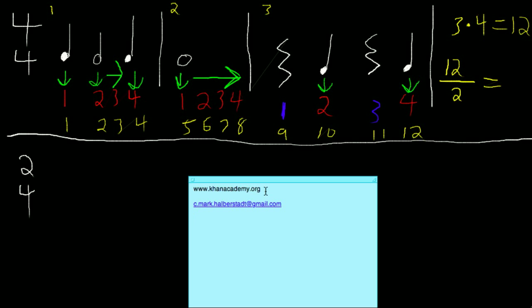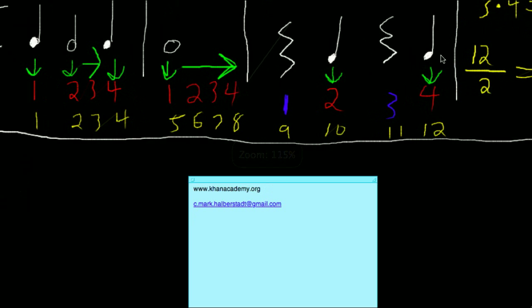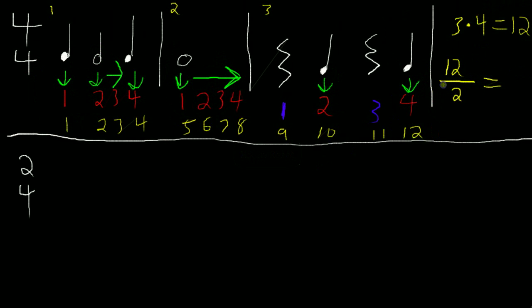You can check out all different types of YouTube videos that Sal Khan has up on a whole range of mathematical concepts. The arithmetic playlist on the Khan Academy site will go over what we're doing here. So we're taking 12 and dividing it by 2. 12 beats total divided by 2 beats per measure in 2/4 is going to give us 6 total measures in 2/4.